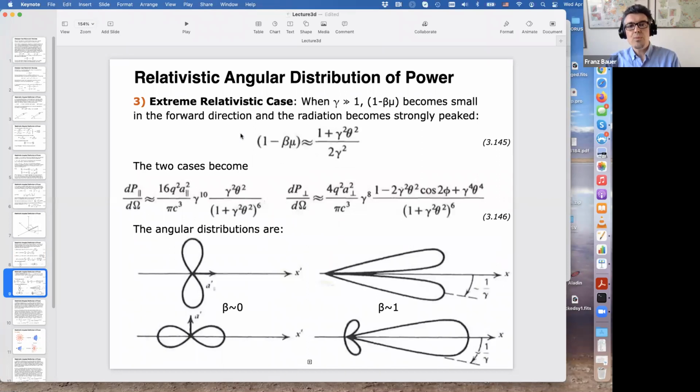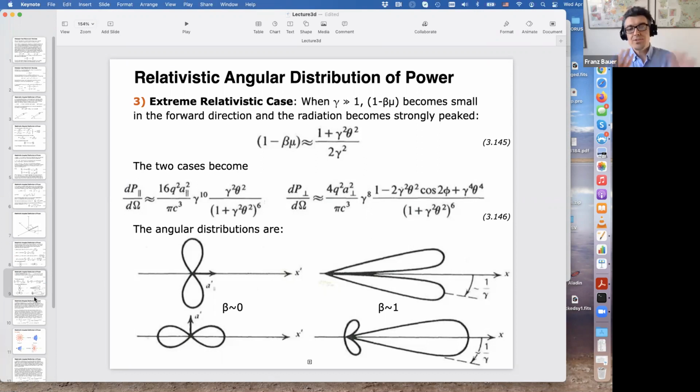And so when we then move to very extreme relativistic cases, you had a dipole which looked like this or like this in the instantaneous rest frame, and it would be transformed and look something like this in the observed frame. Most of the radiation comes within an angle that is of order 1 over gamma, 2 divided by gamma.